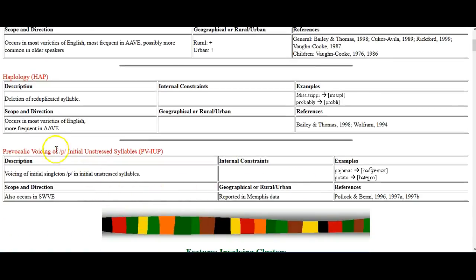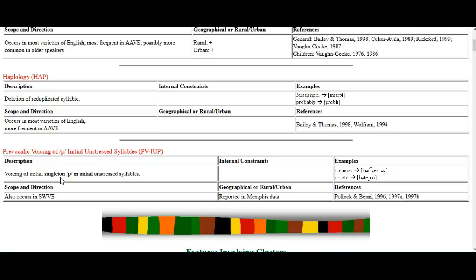Now, here we have the prevocalic voicing of P in initial unstressed syllables. So that means, how do you pronounce the P when it comes before a vowel sound, prevocalic? So the voicing of initial singleton P, singleton means that it's a P that's by itself with no other consonants.